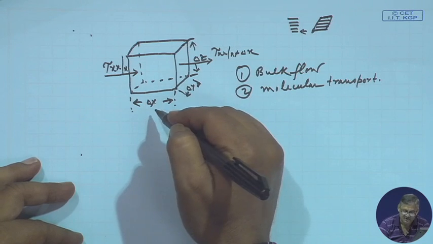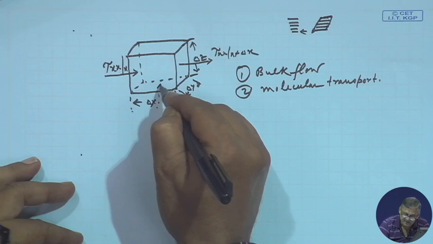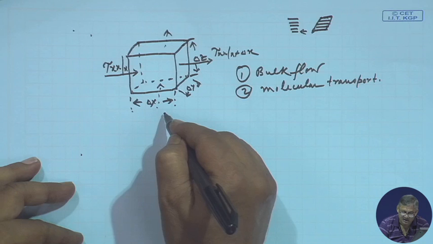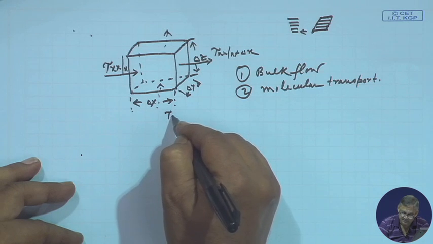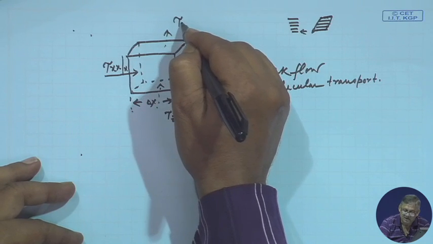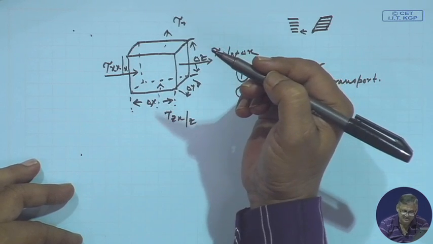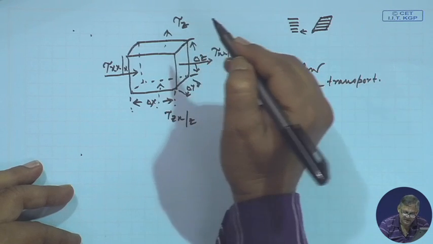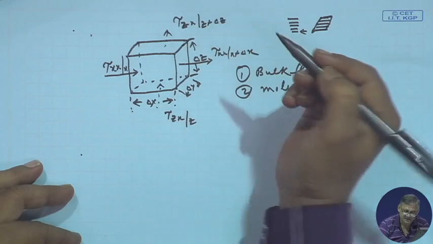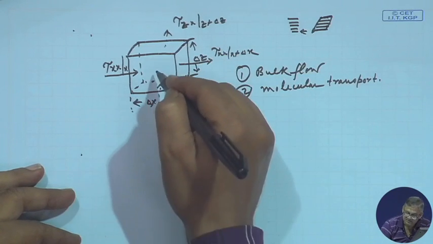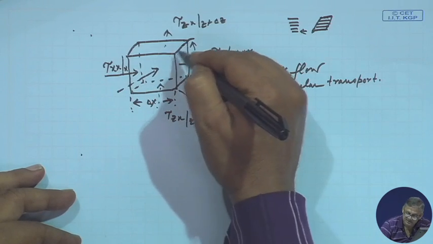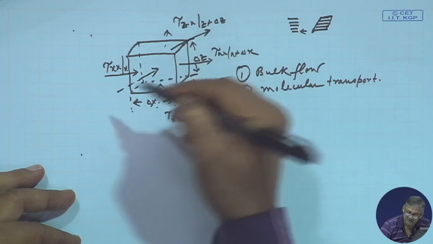Similarly, one can be like this and like that, which we can write as tau zx at the face z and tau zx at the face z plus delta z. Whereas the third one is perpendicular to this.